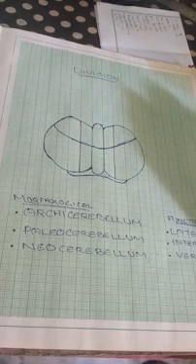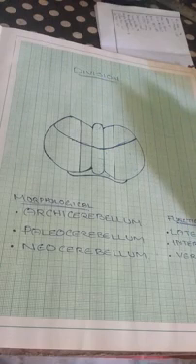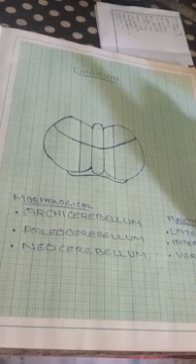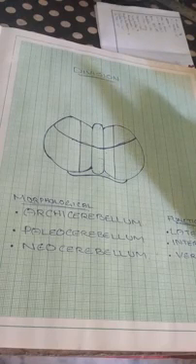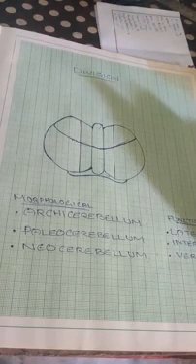It is made up of the flocculonodular lobe and lingula. The paleocerebellum is made up of the anterior lobe, pyramid, and uvula of the inferior vermis. And the neocerebellum is made up of the posterior lobe.